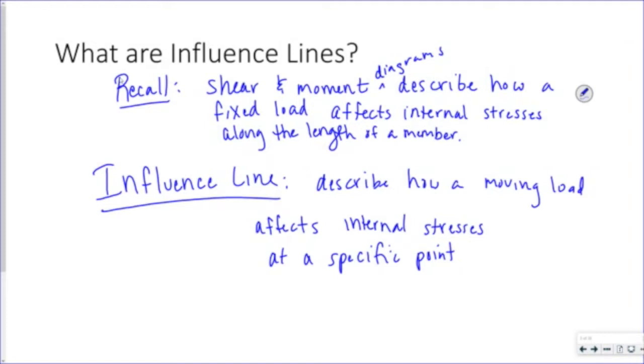Right? If I place my load over here, what happens to the shear at this point? If I move the load, what happens to the shear at the same point?